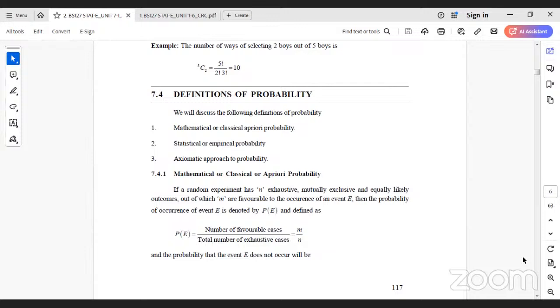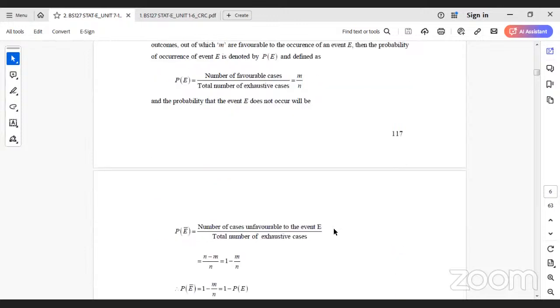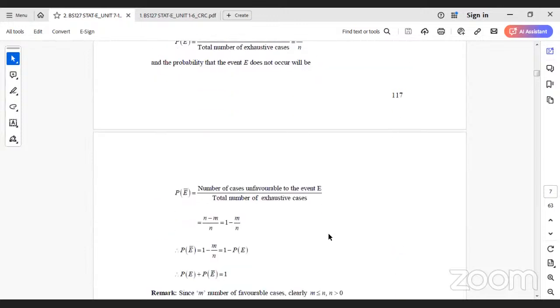Mathematical or classical a priori probability: in a random experiment with n mutually exclusive and equally likely outcomes, out of which m are favorable to the occurrence of an event E, the probability of occurrence of event E is denoted by the number of favorable cases m over the total number of exhaustive events n, that is m by n. The probability that E does not occur is P of E bar, the number of cases unfavorable to E over the total number, n minus m by n.